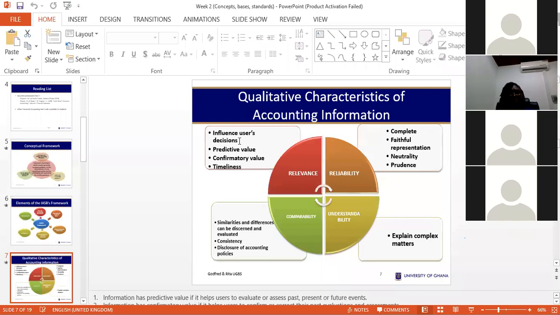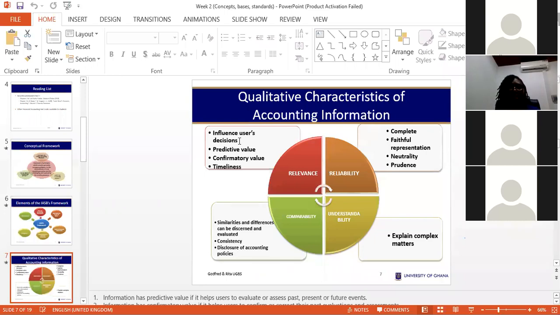It should also have predictive value. What do we mean by information having predictive value? It means that the information should be able to tell us something about the future. Not necessarily about 10 years from now. No, that information will not be relevant.